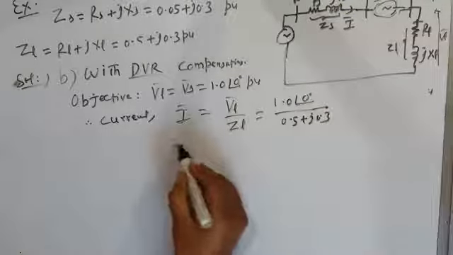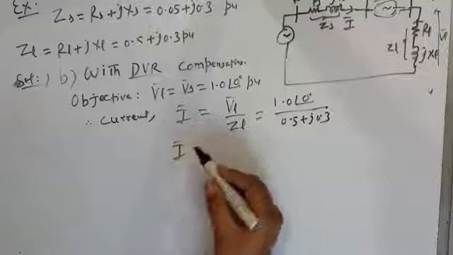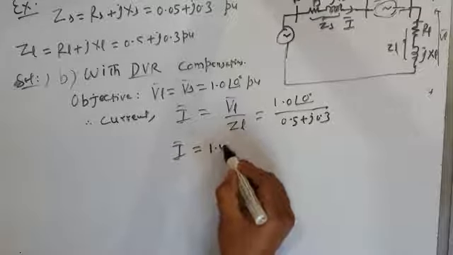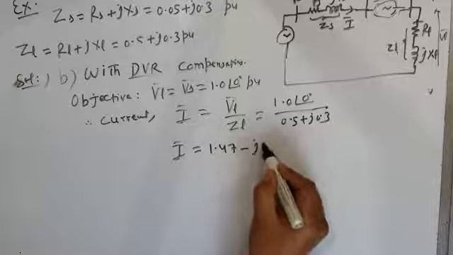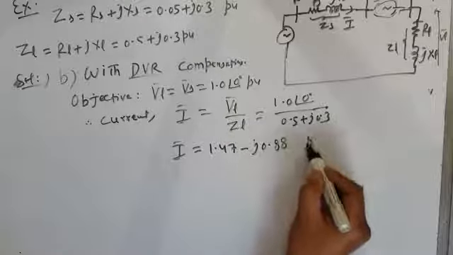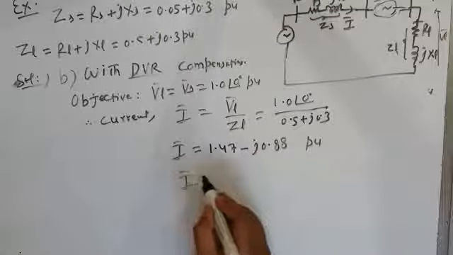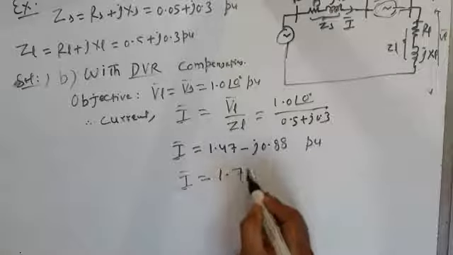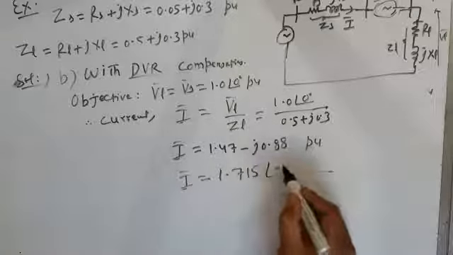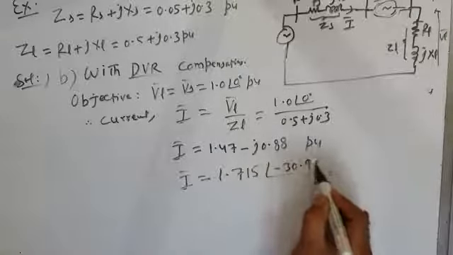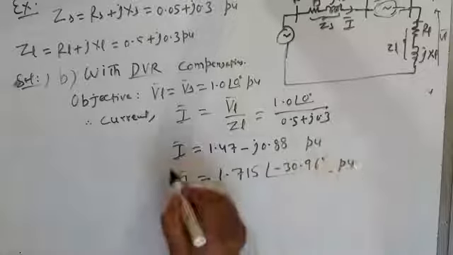You can calculate this. So the new value of current comes out to be 1.47 minus J 0.88 per unit in rectangular form, and in polar form it is 1.715 at an angle of minus 30.96 degree per unit. This is the current.